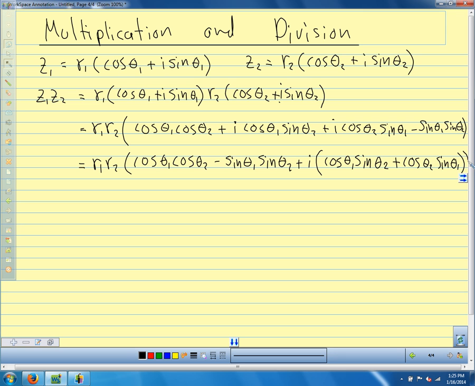And then I need one more parenthesis. There we go. Now, I want you to look at this quantity and this quantity.